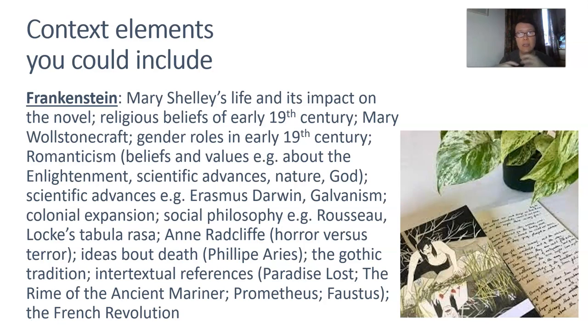So you're going to, just like you did with the references from the text itself, want to look at your context in detail again, and you're going to want to think about which elements can I just name check and say, oh yes, of course, that reflects John Locke's idea of the tabula rasa, or that reflects the idea of death being idealized in European culture.